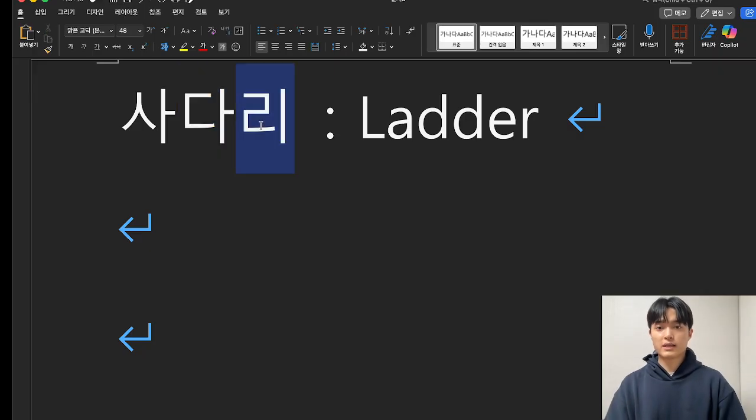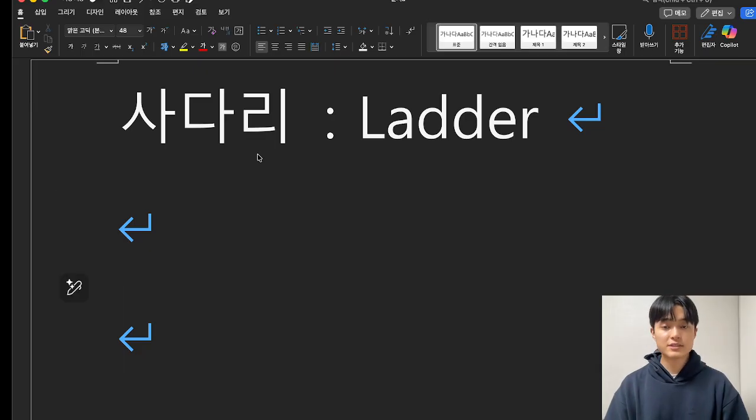And same for the last syllable. This consonant has the sound l, and this vowel has the sound i. So when you combine them, it'll be li. So this whole word will be pronounced sa, ta, li.